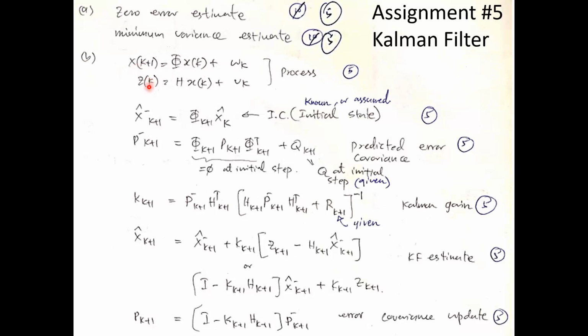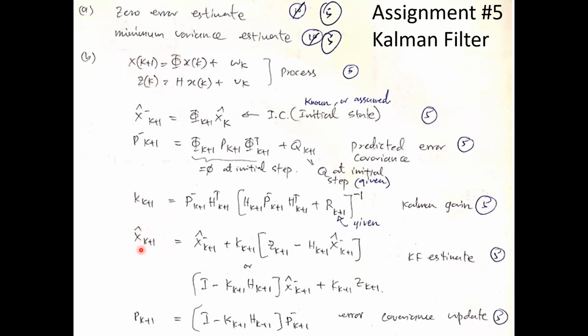And how much you believe the sensor. So that sharing is done by this gain. So after that, you can actually predict your state. Now you know how much you want to trust the sensor, how much for the state prediction, right?